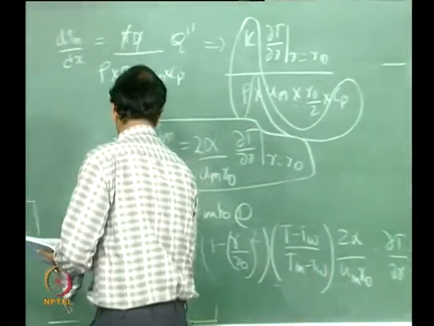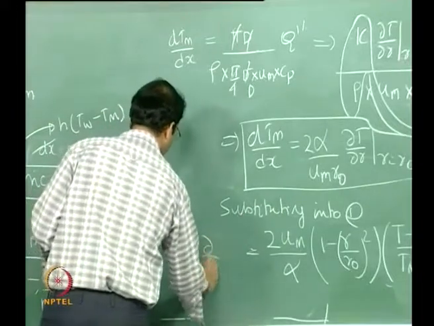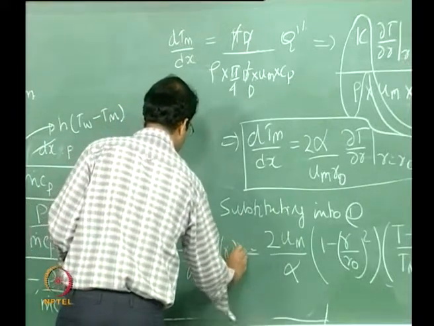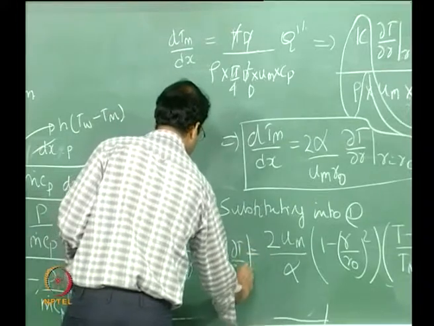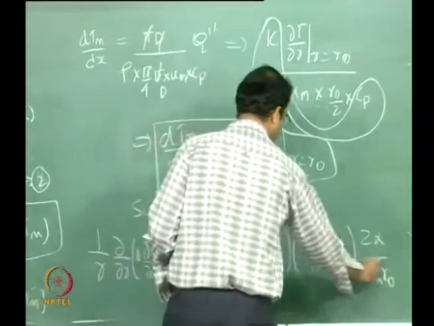So this is equal to the right hand side, which is 1 by r d by dr of r dt by dr. Here um cancels, alpha cancels.